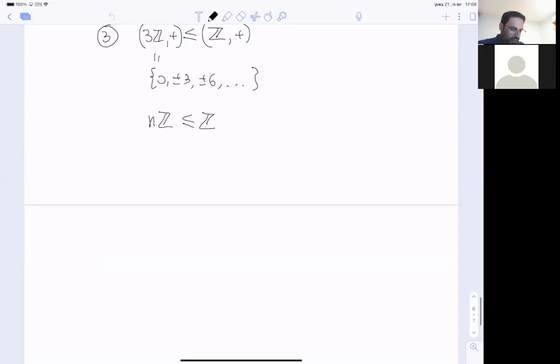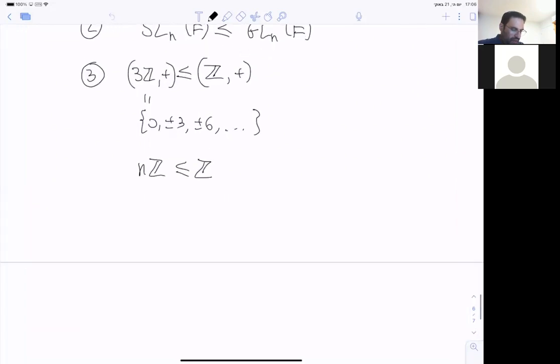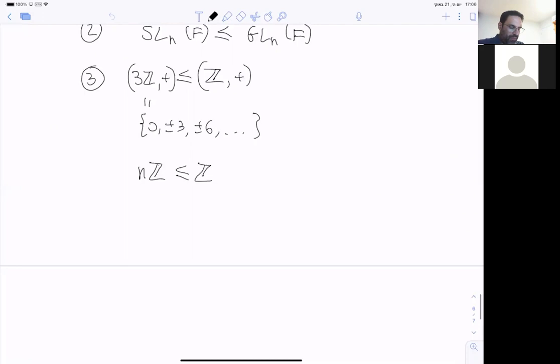I recall we have defined some algebraic structures.